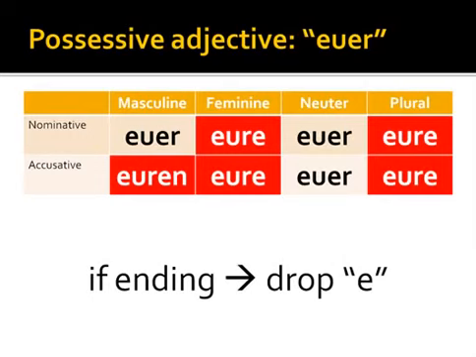Even if the stem of the possessive adjective doesn't have ein in it, we're still going to follow this pattern.